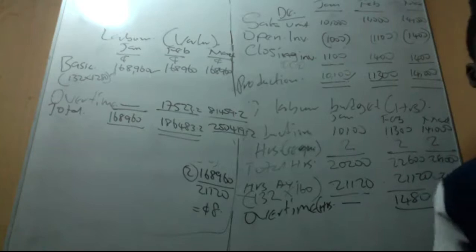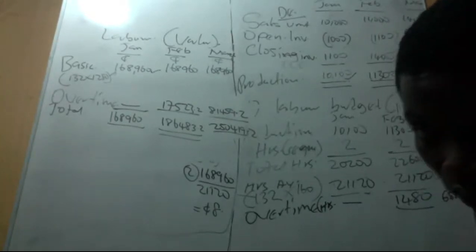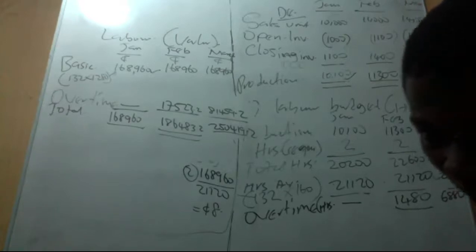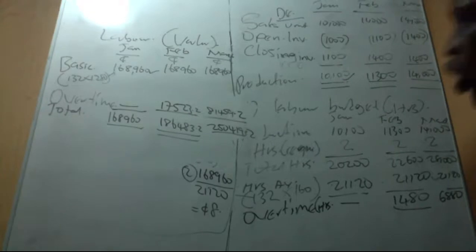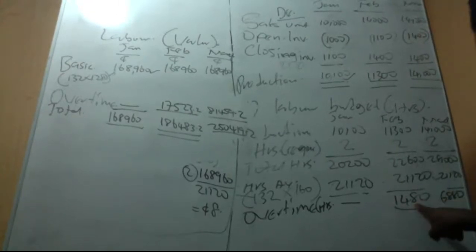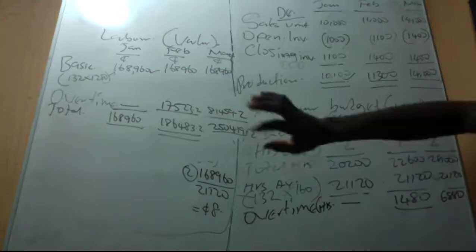Okay, someone is asking the question: how do you get 17,523? Yeah, we have to show working. It is overtime hours of 1,480 by the overtime premium of 11.84.